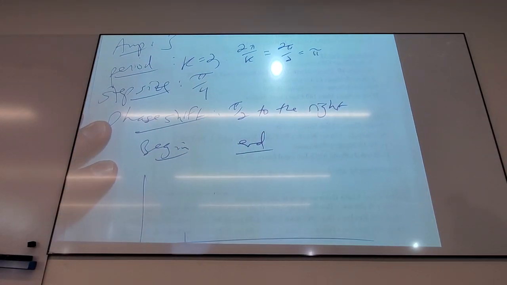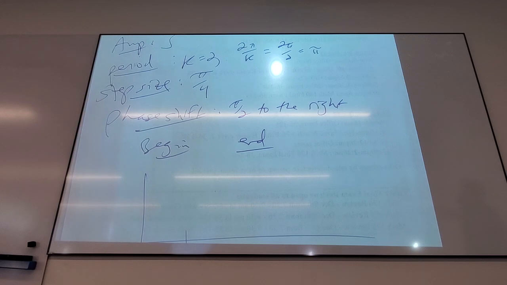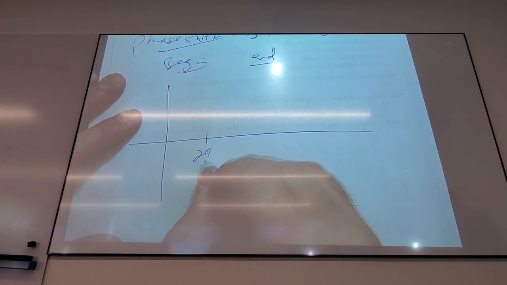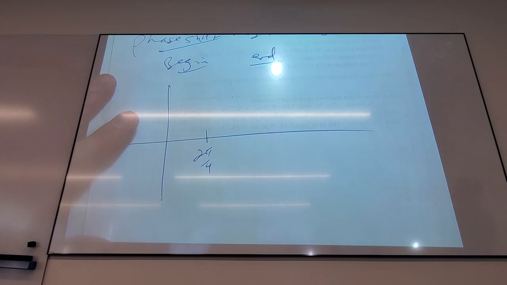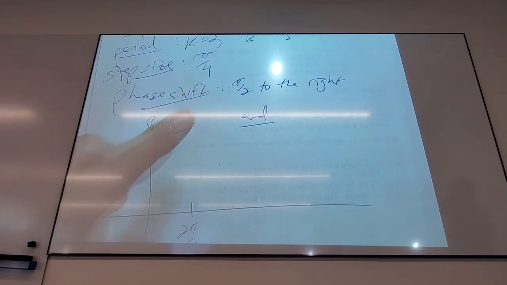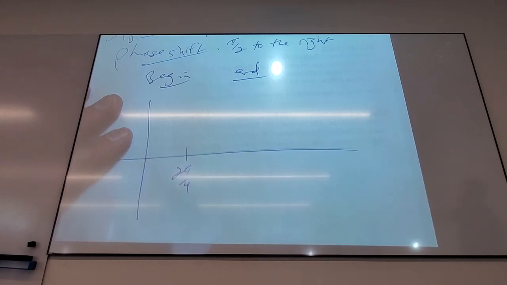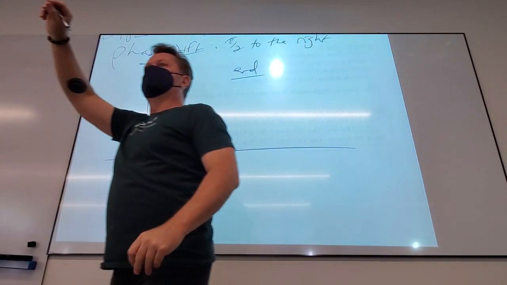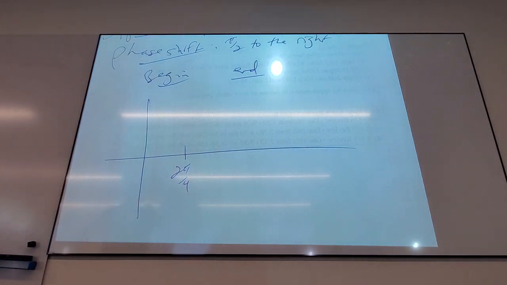And in fact, I'm going to be smart. I'm going to write this as 2 pi over 4, because how big is my step size? So, sine, wherever it starts, what value? 0.